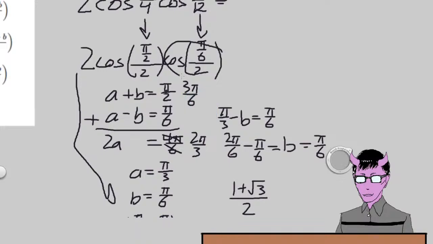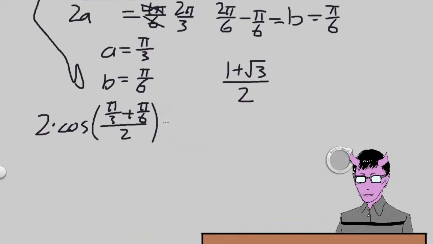Alright, and then the second part right here, that's just going to be a minus b, which is just this one, with a minus between those two. So a little bit tedious, but not super difficult.